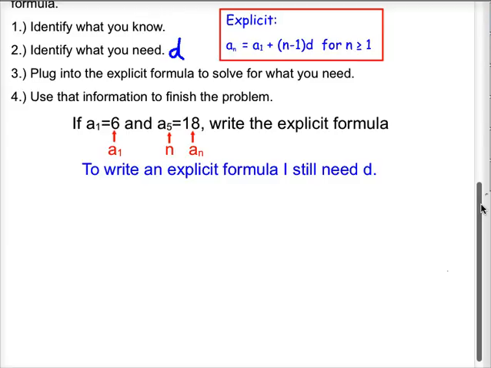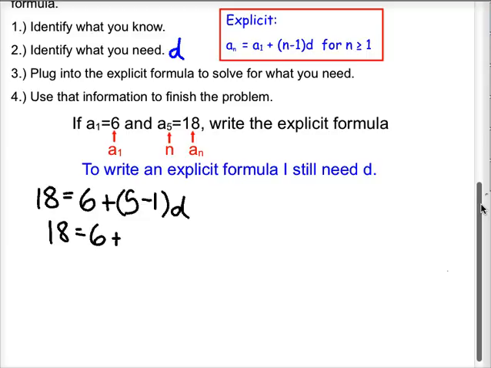I have a future term, I have 18. So I take that future term and I plug it in for an. I know what a1 is, a1 is 6. I also know what n is, because if I'm using that 18 as my future term, that means n is 5. So the neat thing here is by plugging in everything I know into the explicit formula, you can see that it's pretty simple to find my d.